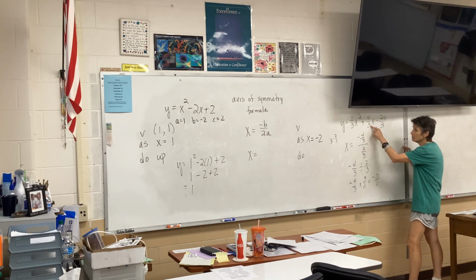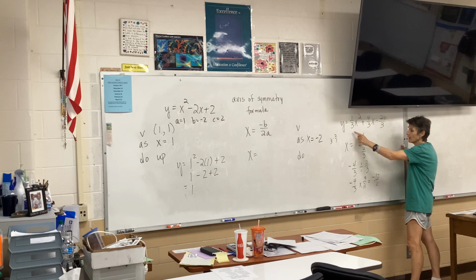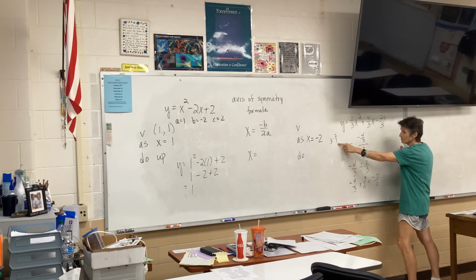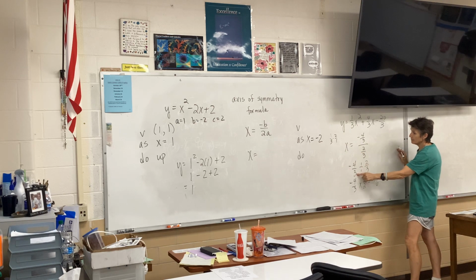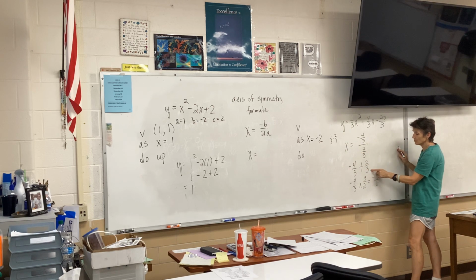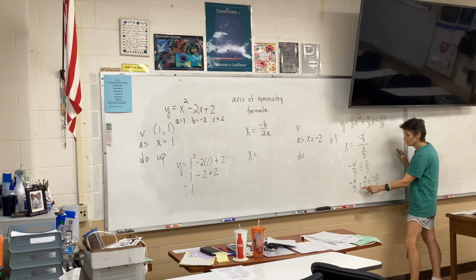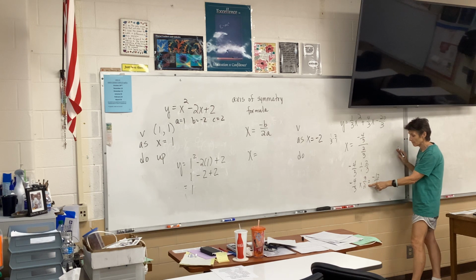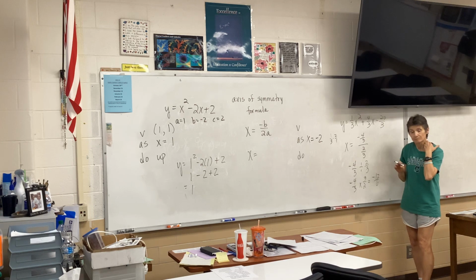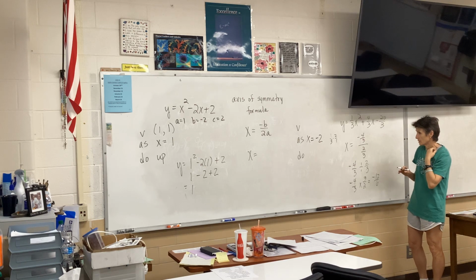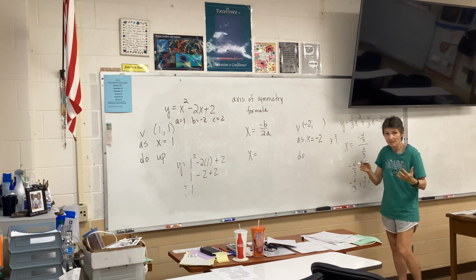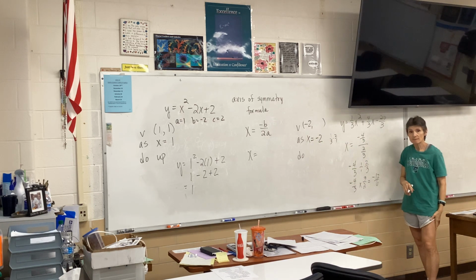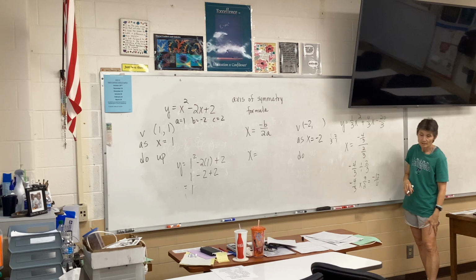So negative b over 2a, so 2 times the third is 2/3. Negative 4/3 divided by 2/3 is negative 4/3 times 3/2, which is negative 12 over 6, or negative 2. That means that my vertex is negative 2 comma something, because the axis of symmetry always matches the x-coordinate of the vertex.